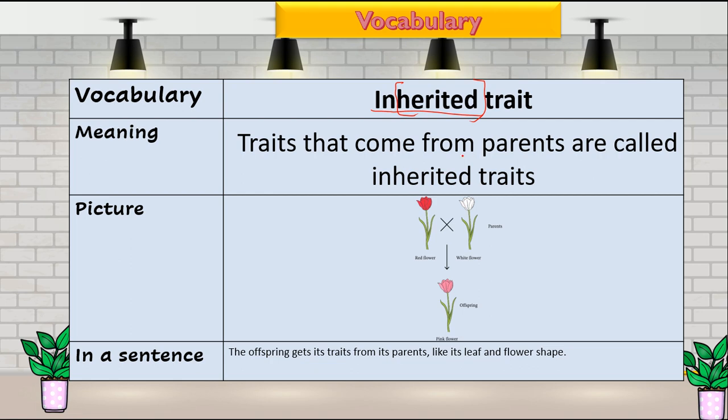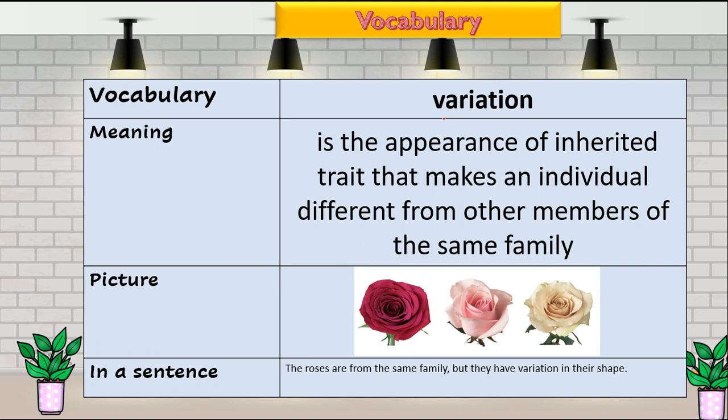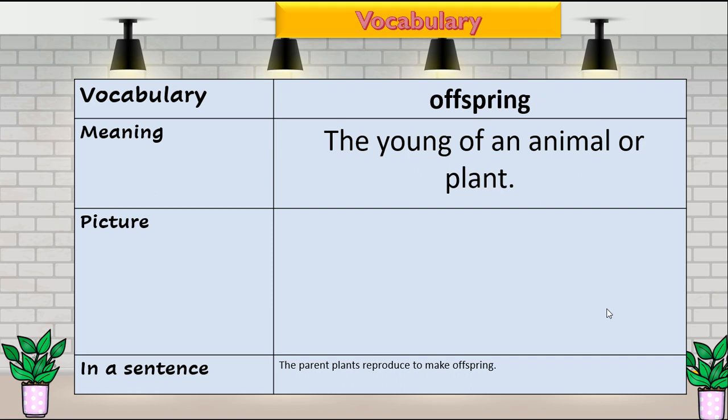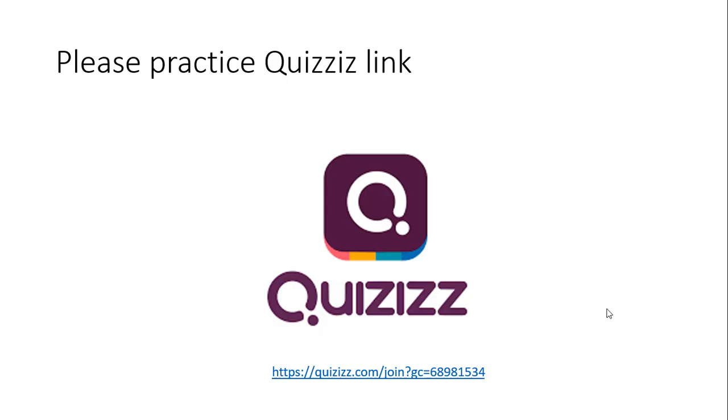Heredity means it came from parents. Variation means there are small differences in the same family. Here we can see these are all roses, but they look a little different in their color. And these tulips too. Offspring is the young of an animal or plant.